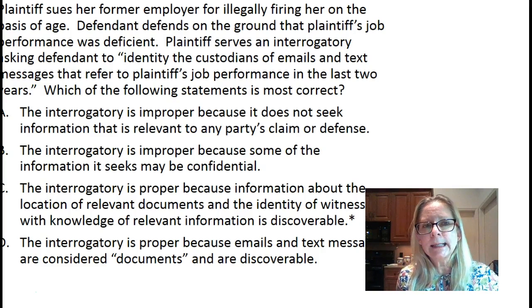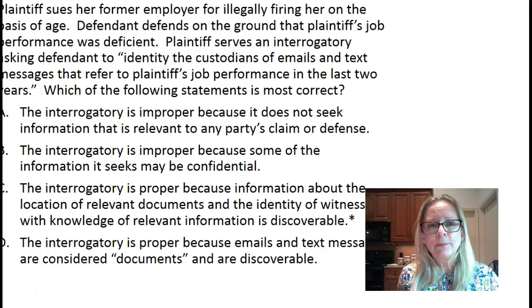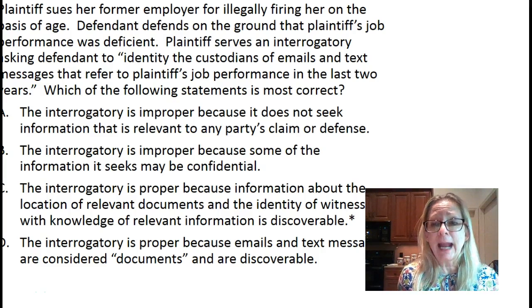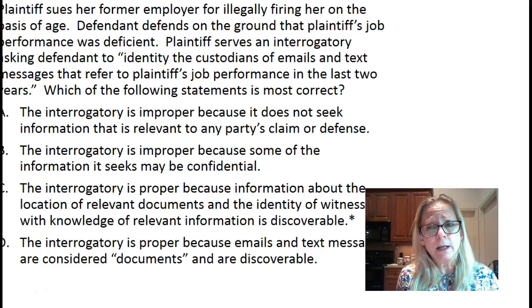But you can see here that a key issue is, was plaintiff fired because of her age, or was she fired because of her deficient job performance? So her job performance is key to her claim.